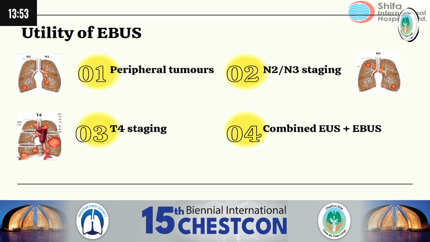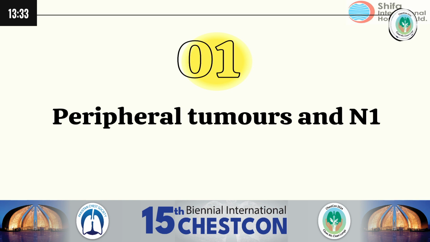So we can utilize EBUS for staging of peripheral tumors, for N2, N3 staging, for T4 staging, which I'll talk about, and then we can even benefit further if we use a combined approach of EUS and EBUS. So I'll talk about this one by one.